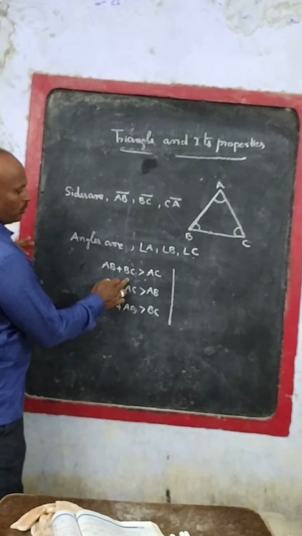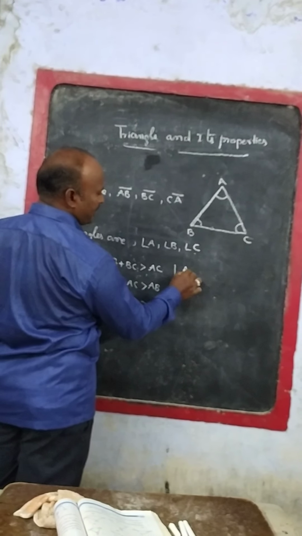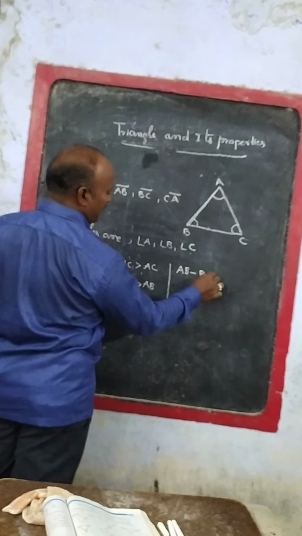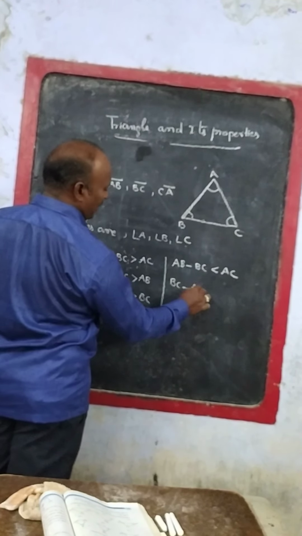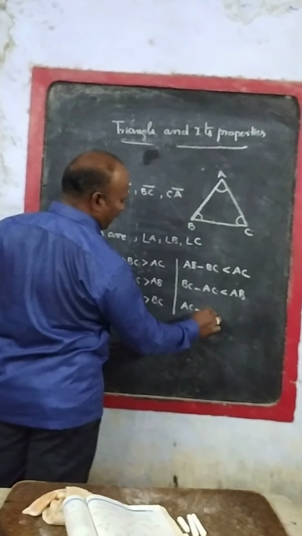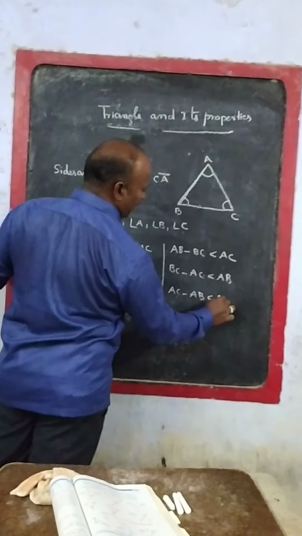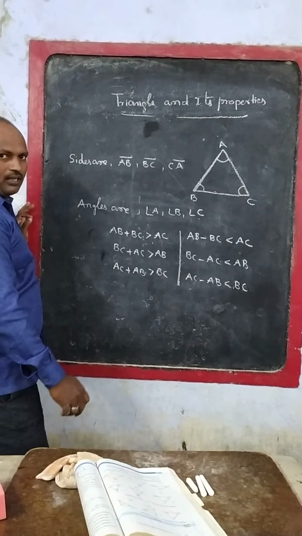And also the difference, AB minus BC is less than AC, BC minus AC is less than AB, and AC minus AB is less than BC.